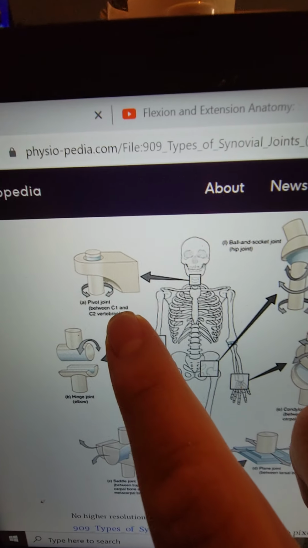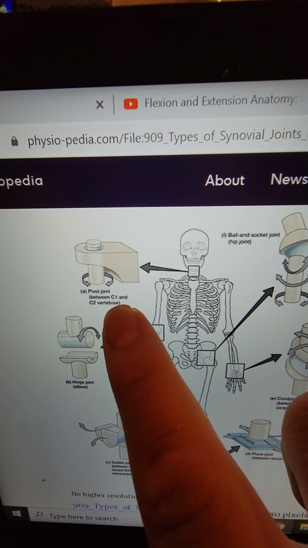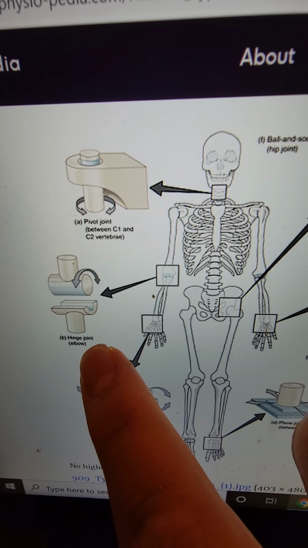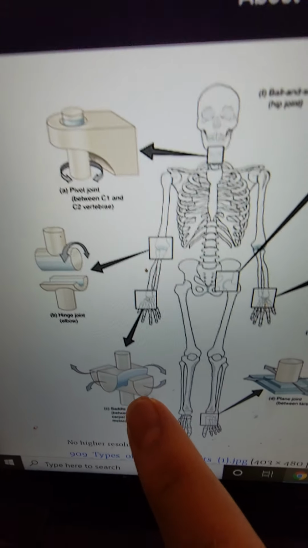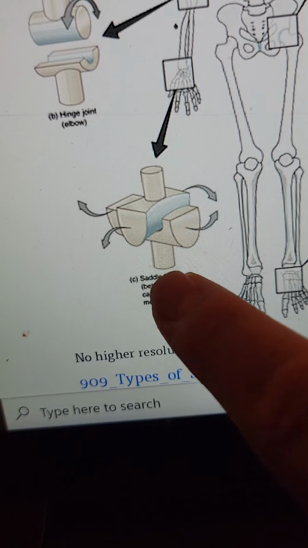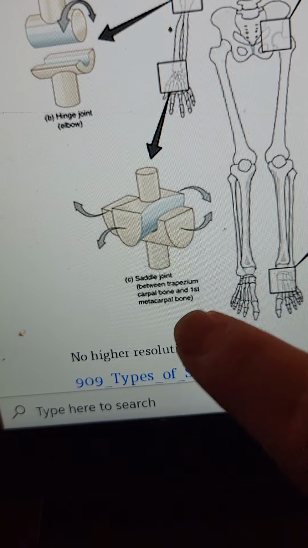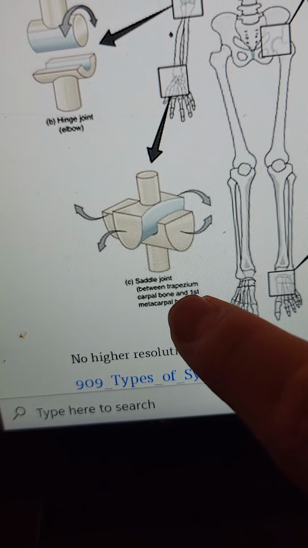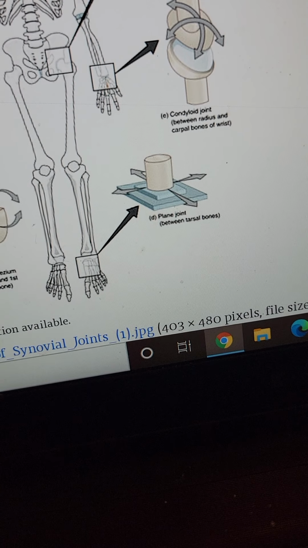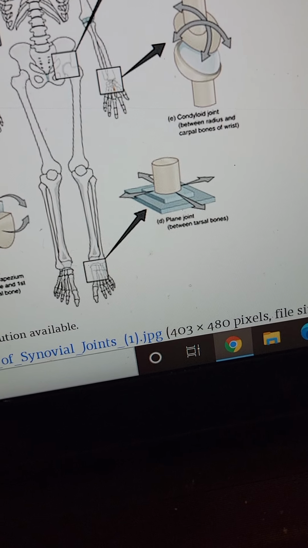The pivot joint between the C1 and C2 vertebrae, the hinge joint right in the elbow, and the saddle joint right between the trapezium carpal bone and the first metacarpal bone, okay? And this one, the plane joint between the tarsal bones.